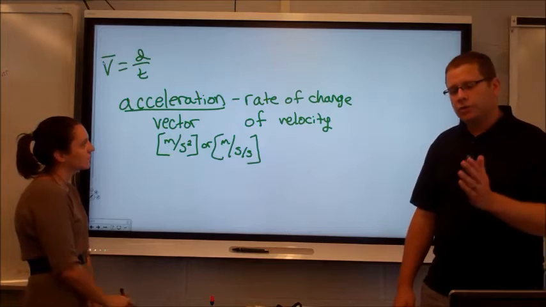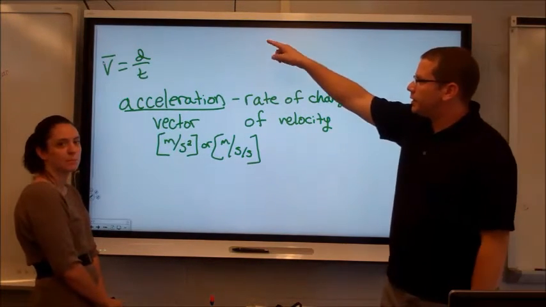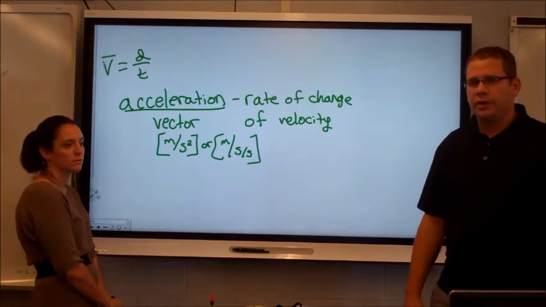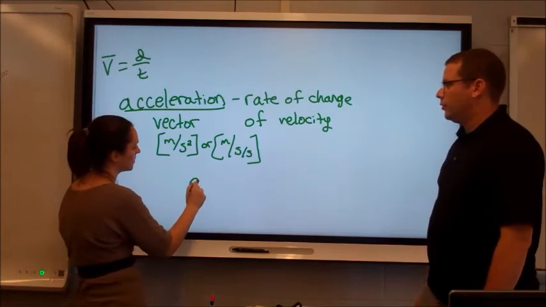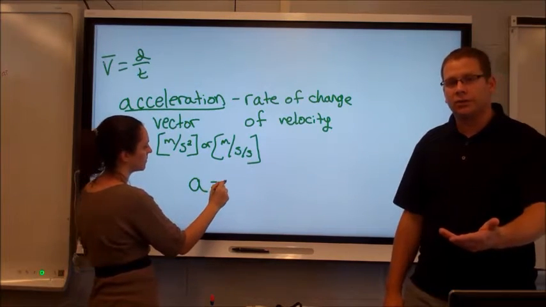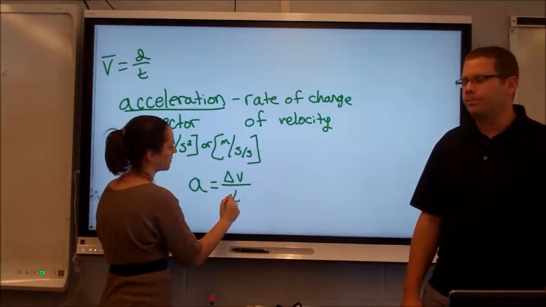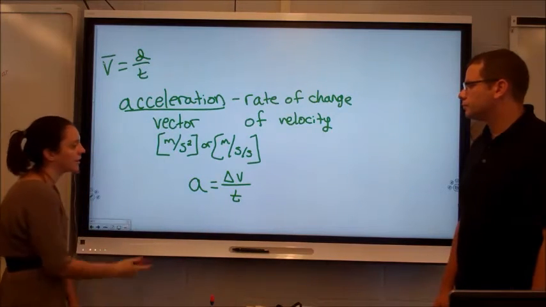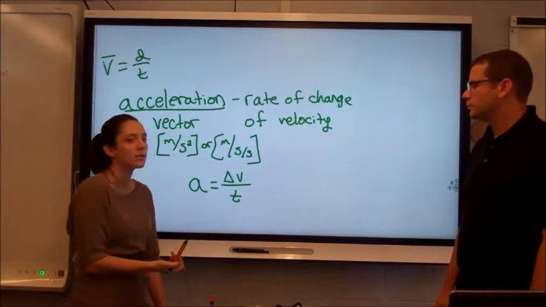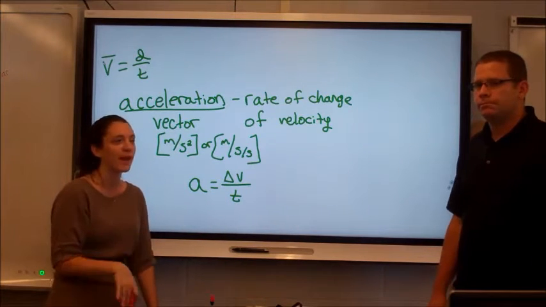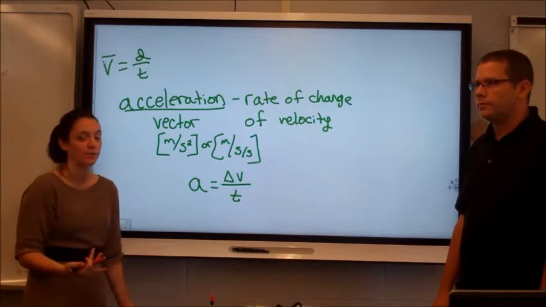Okay, so let's talk about the equation. If velocity is distance divided by time, and I would want the rate of change of velocity, we would have to take the velocity, or really the change in velocity, and divide it by time. So here we have acceleration is our change in velocity over time. Now this triangle symbol, we should remember from math and talking about slopes, means delta, or change in.